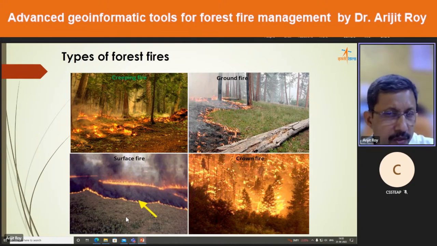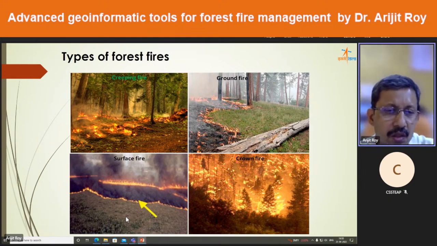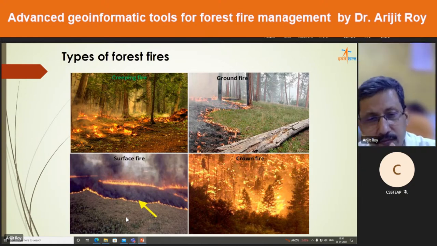Then you have the ground fire, which is the most common forest fire in India, which impacts the herbaceous vegetation, the dead and decaying litter, and the trees and logs. Then you have the surface fire, which is a very devastating forest fire, and mostly this is in the African savanna.